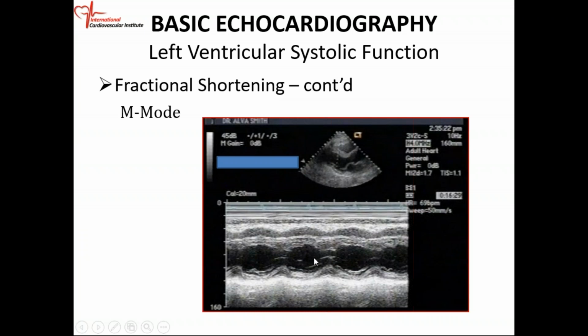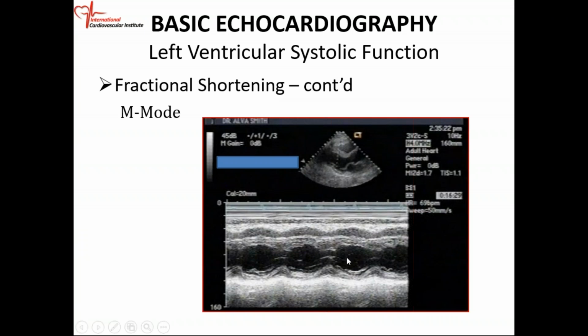And you just think about it, when the heart contracts, the walls move in towards each other. In diastole, they separate. So in diastole, the diastolic dimension, you just measure the length from where you have maximum separation, from here to there, and that will be your left ventricular end diastolic dimension.